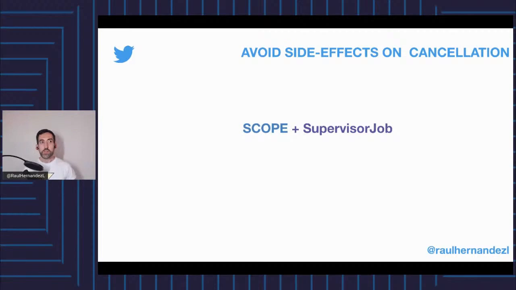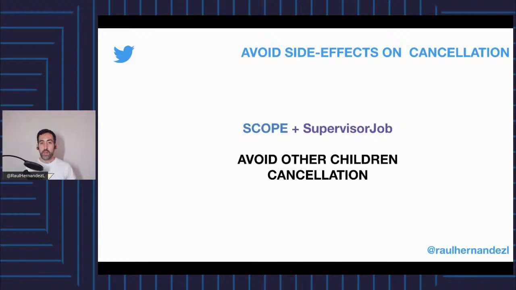Also, if we want to see something different and we want to avoid some side effects on cancellation, let's see this with a scope, which is basically the default, plus a supervisor job, which is a different type than job. Then we have something different like this. We can avoid other children cancellation.